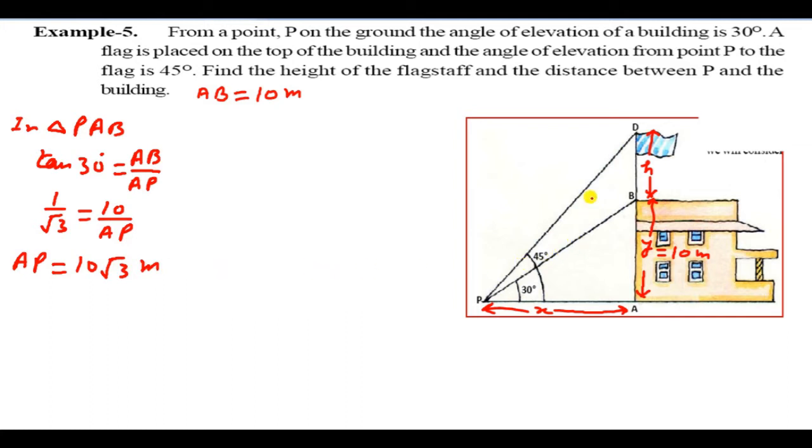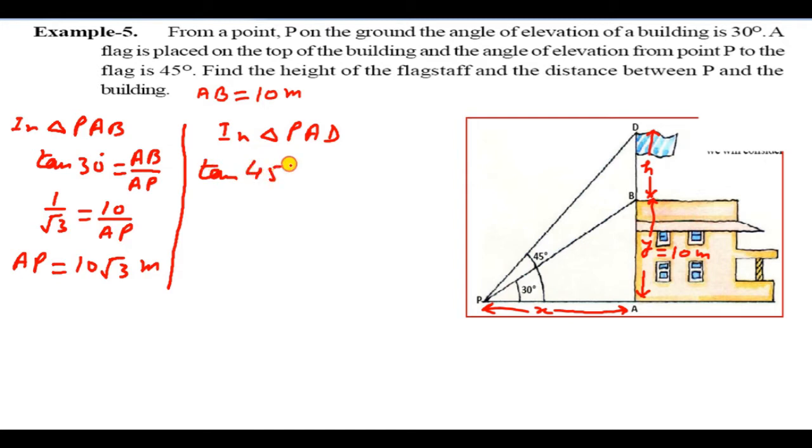Now take the whole triangle. Which one whole triangle? In triangle PAD. Now once again taking tan 45 degree.